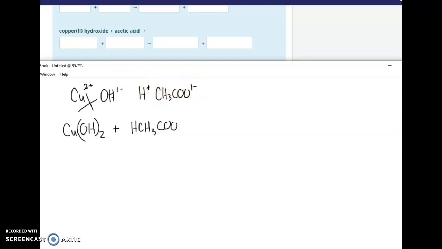From a 4, it's an H plus and a CH3COO 1 minus. In a double replacement reaction, the positive ion from your first substance combines with the negative ion of your second substance. So on this side of the arrow, the positive ion, Cu2 plus, combines with the negative ion of the second compound, CH3COO 1 minus.